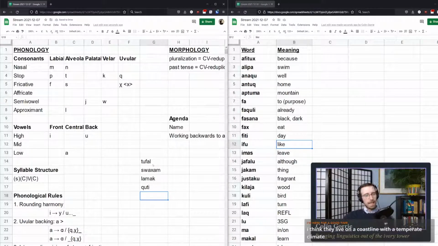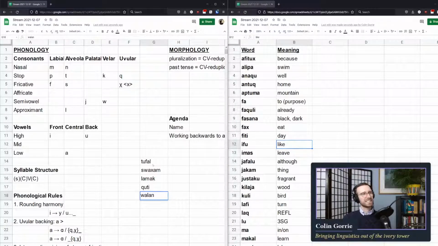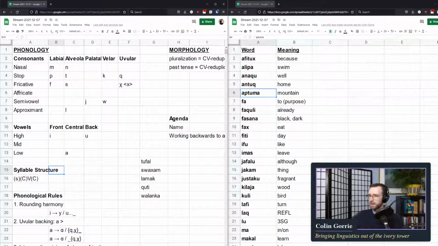We could do something like walan. Do we have anything else? Walanka. But that's valid, right? We can do that. Yeah, we have a complicated enough syllable structure to allow for these kinds of things. Walanka, Hoti, Lamak, Swacham, Tuval.